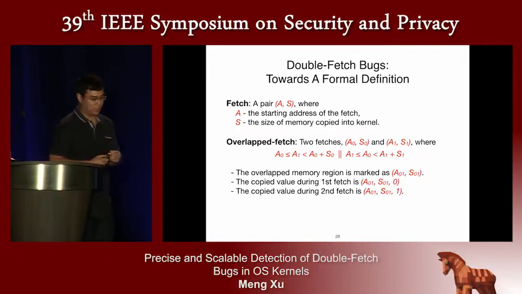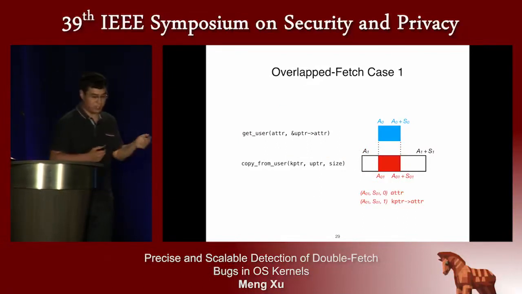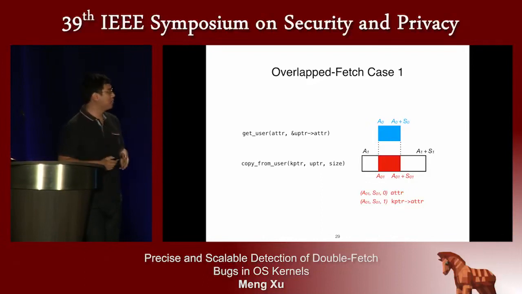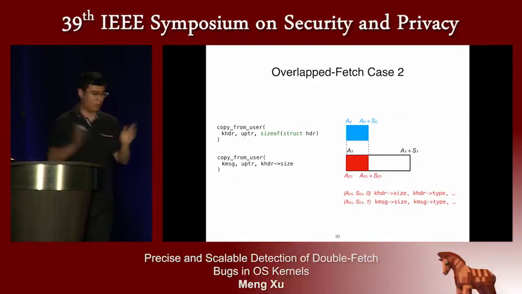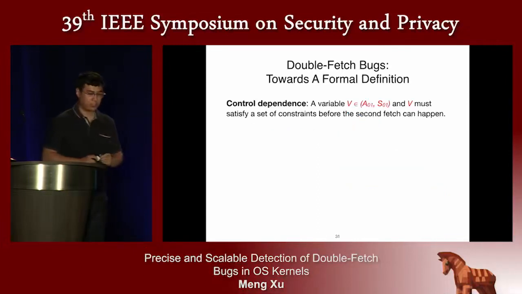The overlap means you do 2 fetches, either in the form of this one, where you copy somewhere in the middle, or in the form of this one, where you copy the whole message header into the kernel space. By doing this overlapping fetch, we also know which part of the message header overlaps. For example, is it the size or the whole header structure in this case? Knowing that there's an overlapping fetch is not enough to make it a double fetch bug.